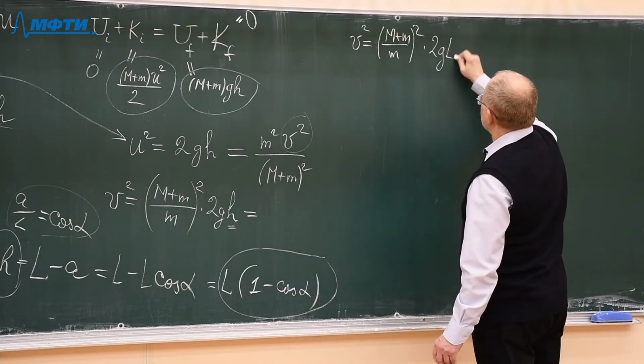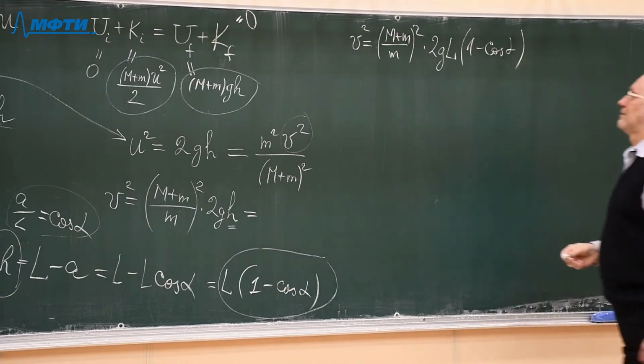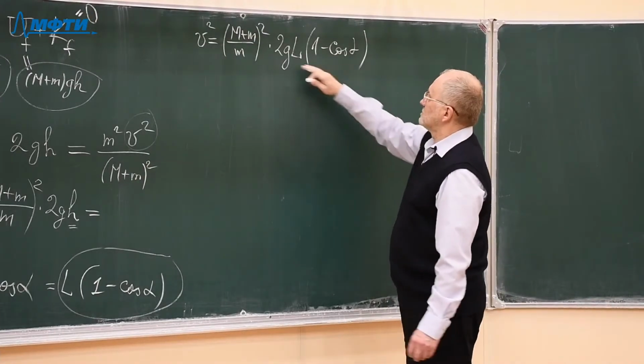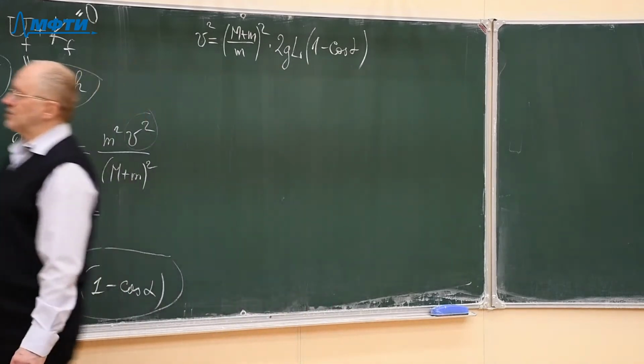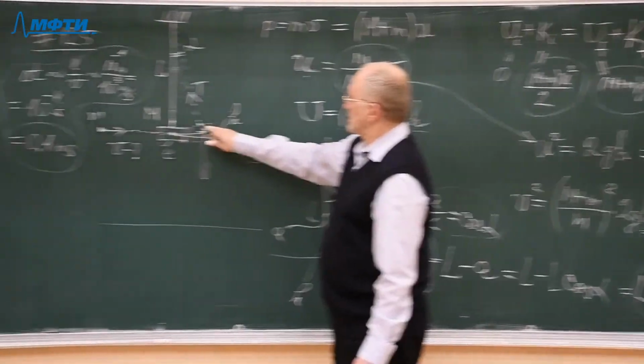It's L times 1 minus cosine alpha from geometrical considerations. We have found h, the maximum height to which the center of mass of this box rises.